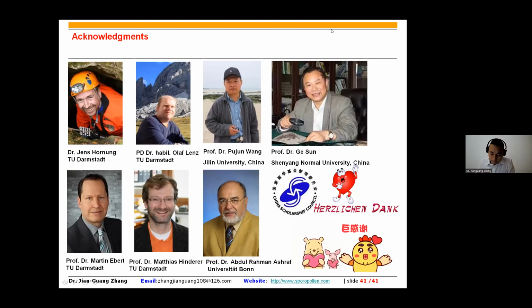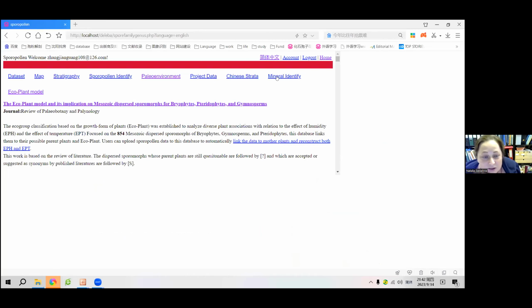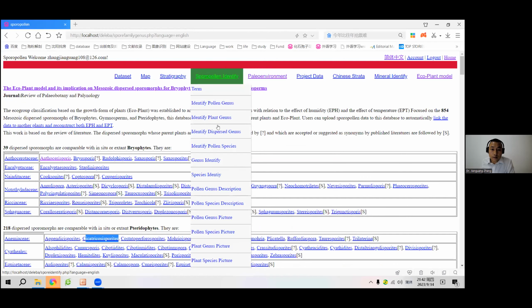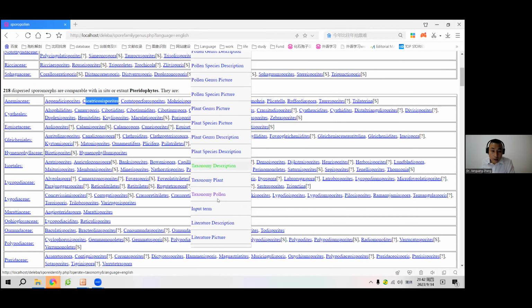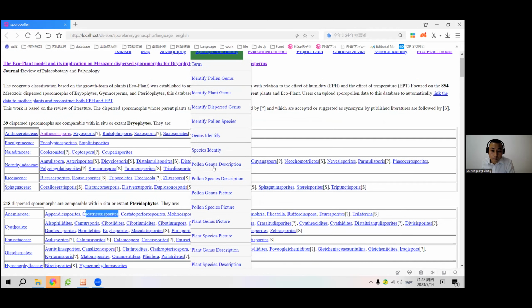Your database, is it devoted to Mesozoic pollen and spores, or does it embrace also some of Paleozoic or Cenozoic? Yes, this is my database.